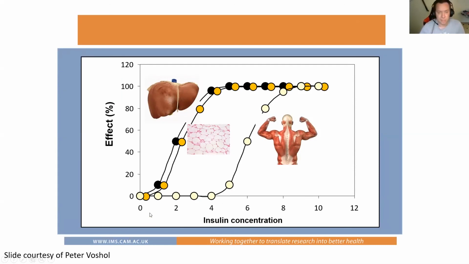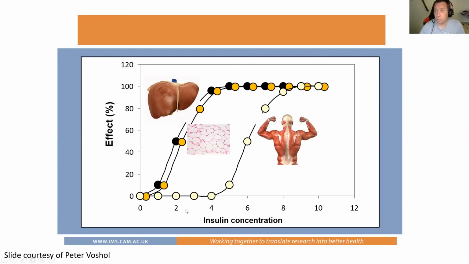At least in humans, this is true. So if you had an insulin concentration of, say, 6 units per kilo, you would expect to see 50% of insulin's effect on muscle, and you would expect to see 100% of insulin's effect on liver and adipose tissue.